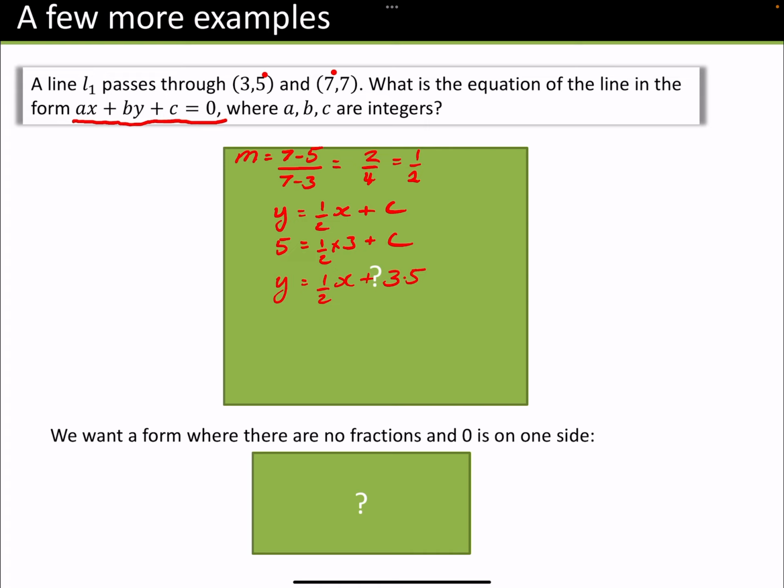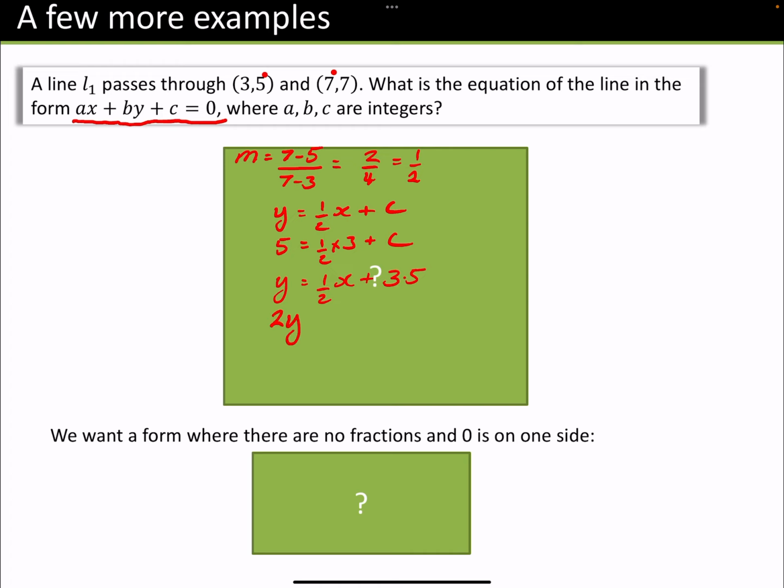So what I've got to do is get this bit, the half x, to the other side, and I've got to get the 3.5 to the other side. But also you can see that a, b and c are integers. Now at the moment, here's a half, and that's 3.5, so they're not integers. So I'm going to start by doubling everything.